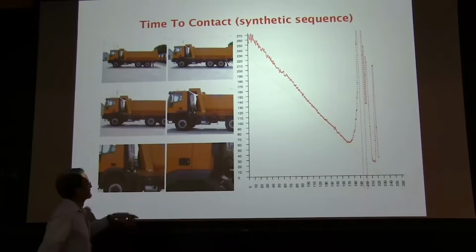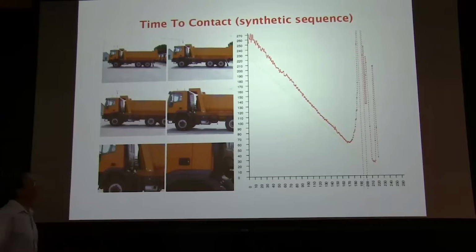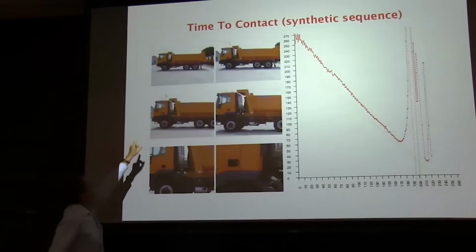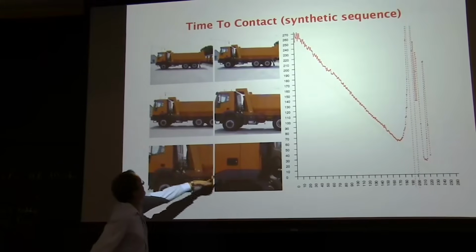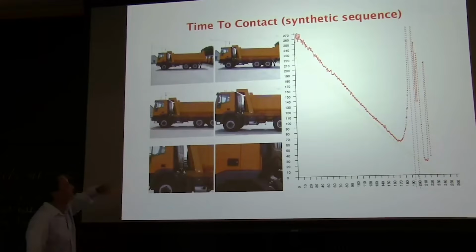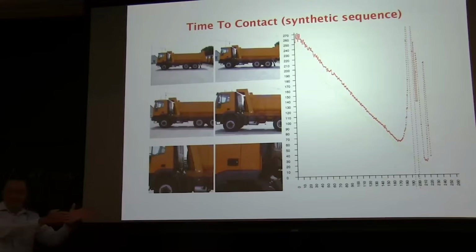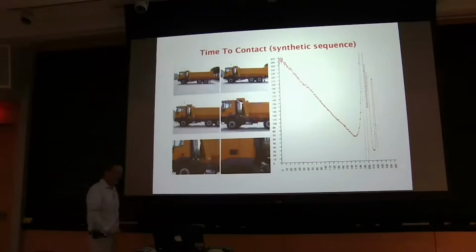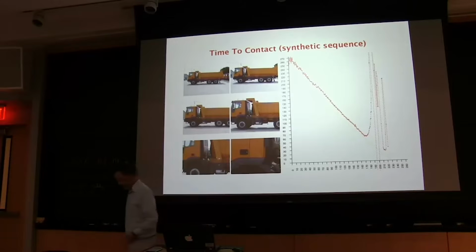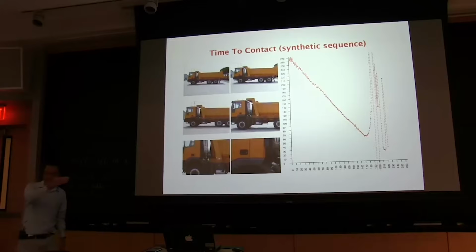In the process, by the way, we expose another concept, which is the focus of expansion. As we approach this truck, you'll notice that we end up on the door, which is not the center of the first image. So we're actually moving at an angle. We're not moving straight along the optical axis of the camera. The focus of expansion is very important because it tells us in 3D what the motion vector is.